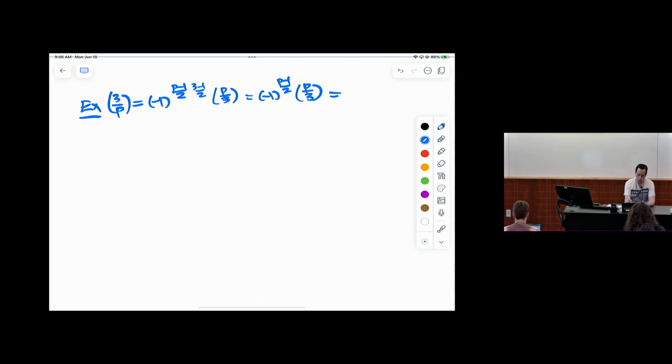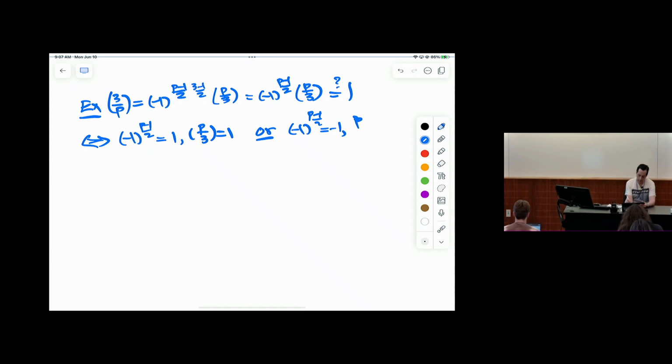And again, when is this equal to 1? We just need both expressions to be 1 or we need both expressions to be -1. If we solve each case, this one, p is 1 mod 4. This one, we flipped it around, so now it's just a modular arithmetic calculation: the only square mod 3 is 1.